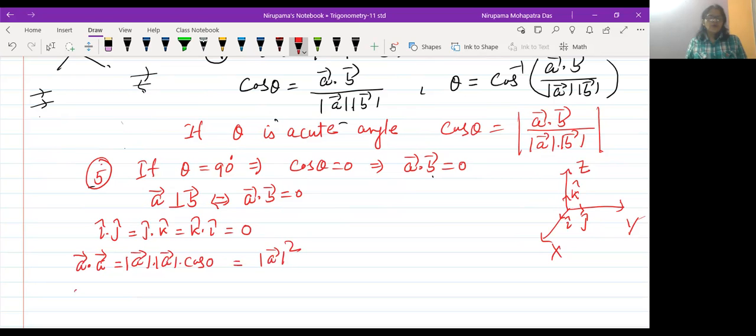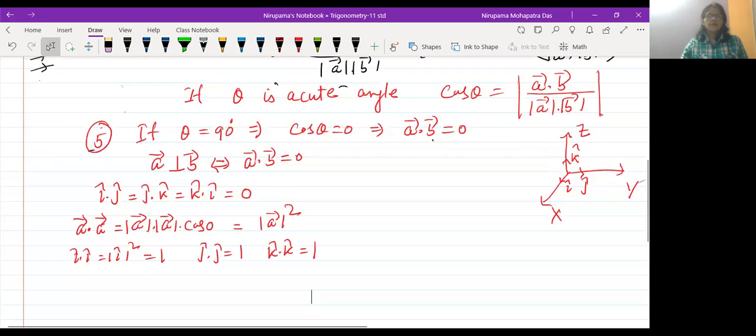So i dot i equal to magnitude of i square, the square of the magnitude of i, that is equal to 1. So j dot j equal to 1, k dot k equal to 1. So i, j, k are unit vectors.